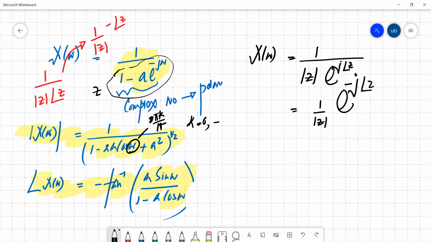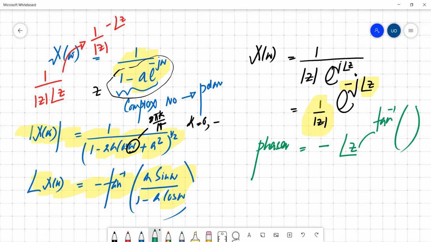So this is the magnitude and this is the phasor. The phasor is actually minus of angle of z. Angle of z is tan inverse. So that's why this minus comes. Hope it's clear. Yes, we have done it.